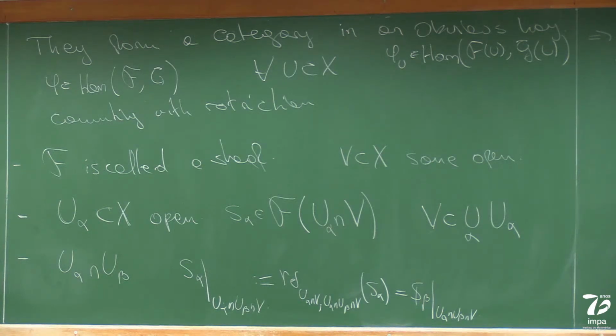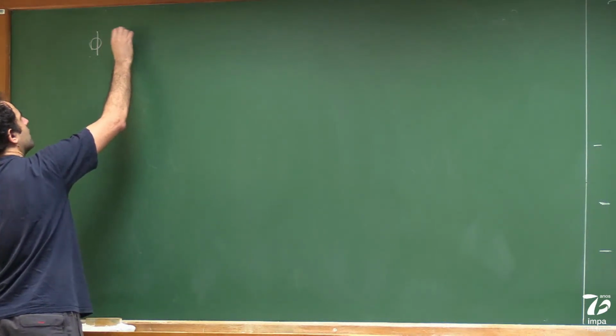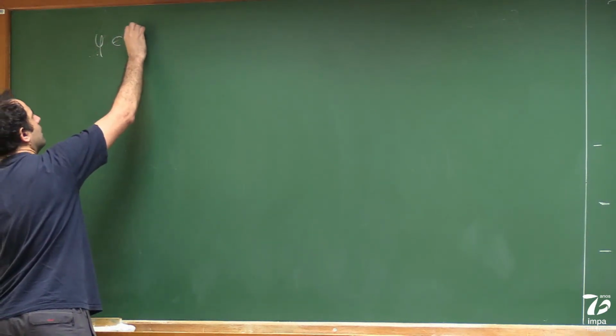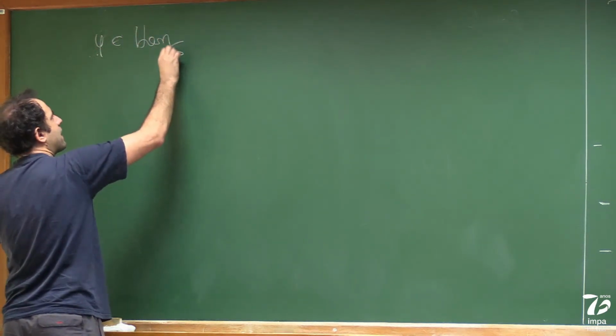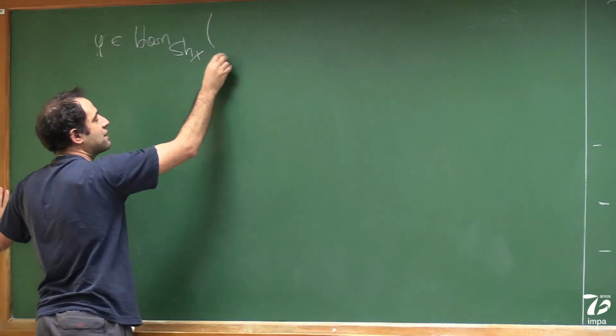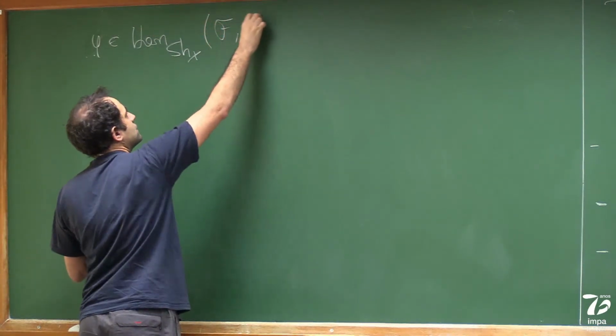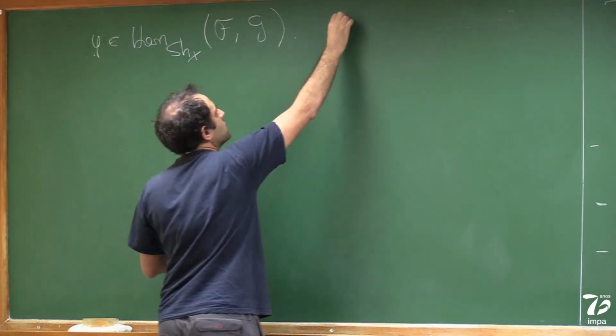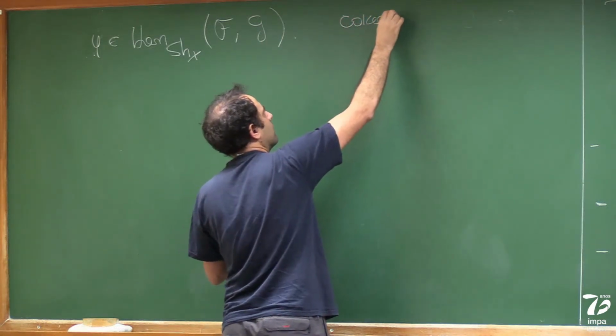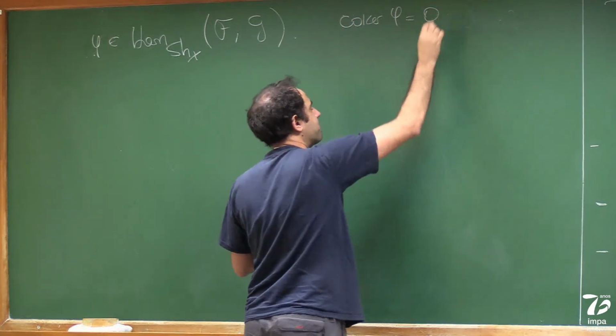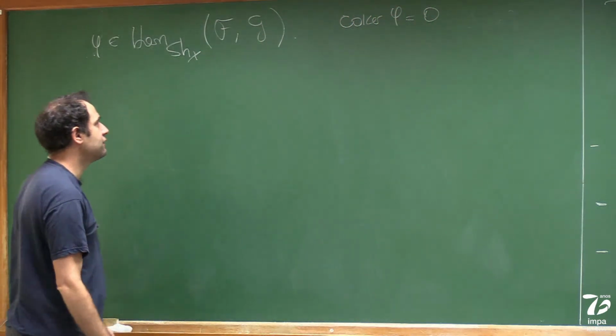So I've just stated that the category of sheaves is an abelian category. Let's suppose that you have a map of sheaves, phi, a morphism in the category of sheaves of abelian groups on X, from F to G. And let's suppose that the cokernel of phi is 0, so this means phi is surjective.